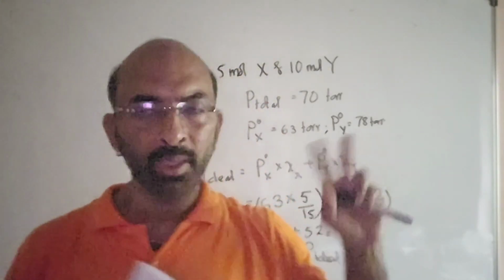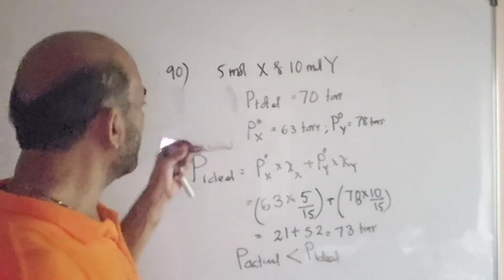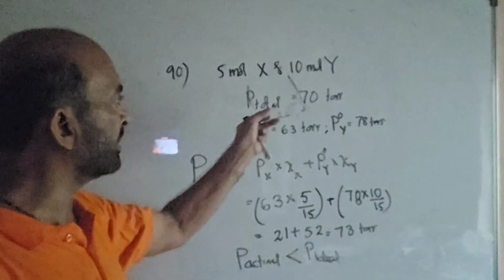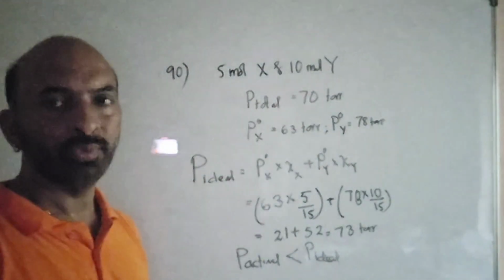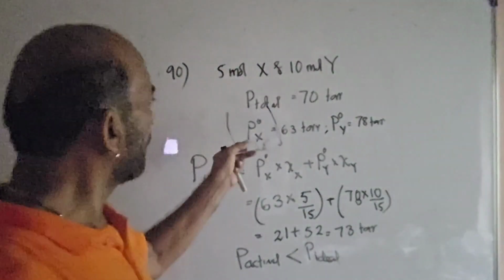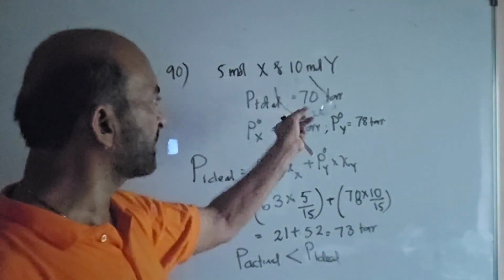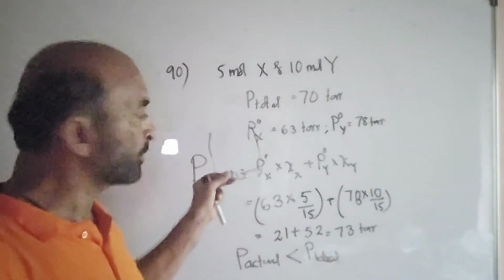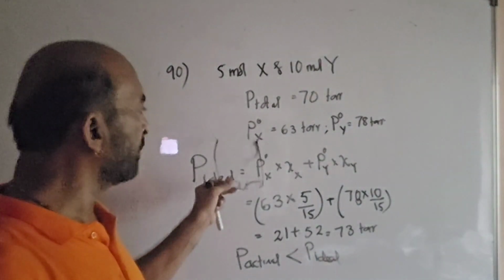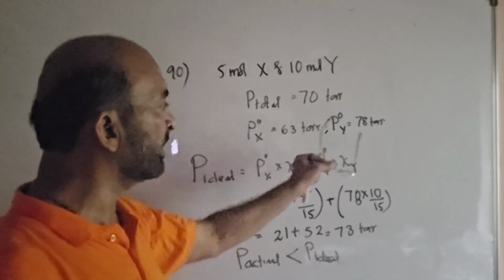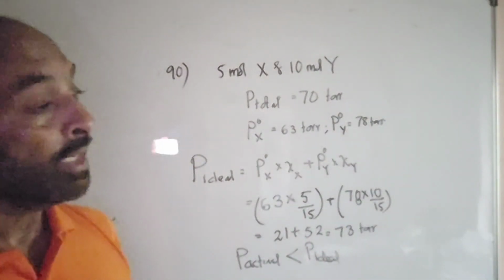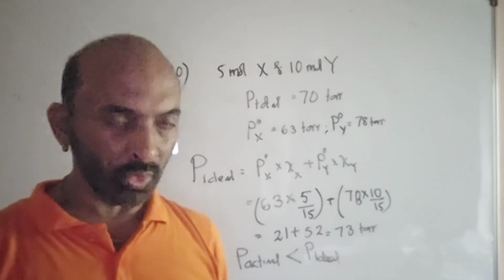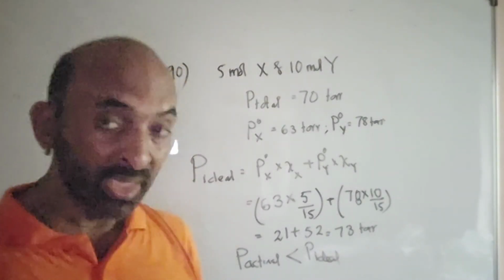Up to that we will write the equations. Listen here. We have mixed 5 mole X and 10 mole Y. Also given, P total of this mixture is 70 torr. We are also provided with the vapor pressure of pure X, 63 torr, and pure Y, 78 torr. In that case, we can find the ideal total pressure, that is, the total pressure if the solution were ideal.